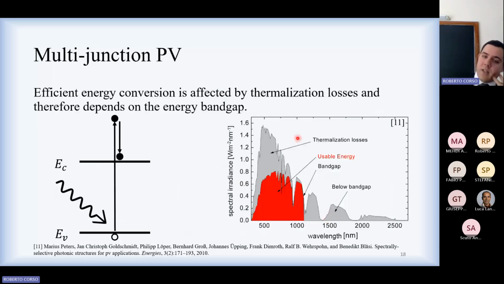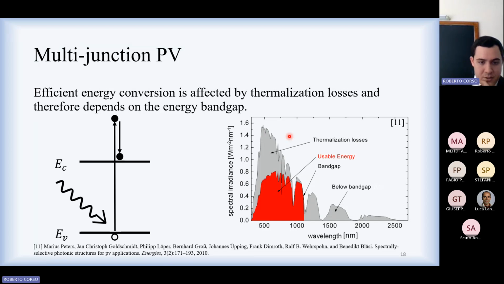But then if we consider the overall energy produced by the system, we'll see that these thermalization losses amount to a significant amount, even in the range where the photon is suitable for carrier production.